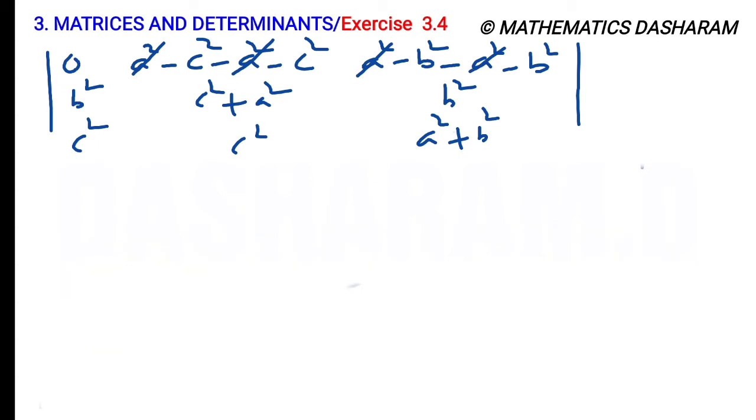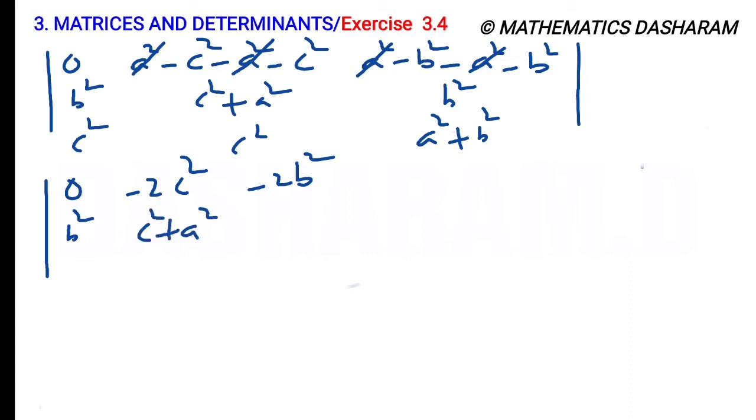So it is equal to 0, here minus C square minus 2C square minus B square minus 2B square, and here B square, C square plus A square, B square, C square, C square, A square plus B square.